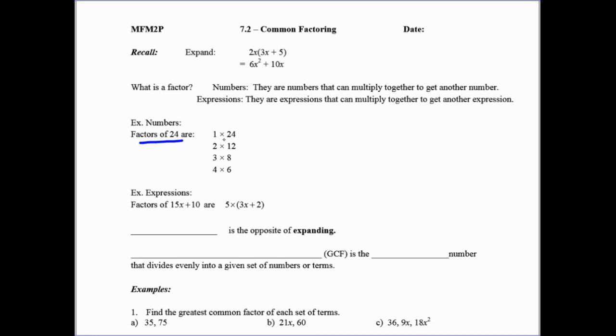We can write them all out. Well, 1 times 24 would give us 24. 2 times 12 would give us, again, 24. 3 times 8 is 24. 4 times 6 is 24. You see how they all end up equaling 24. Well, here are factors of 15x. Now this is an expression.